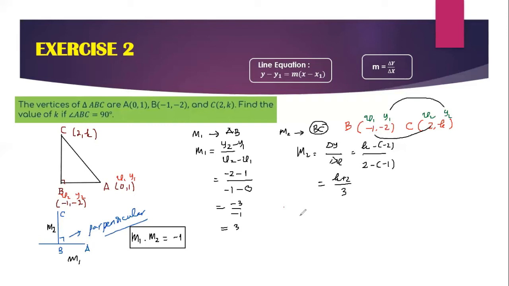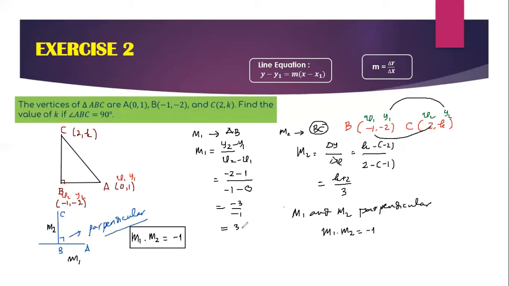So M1 and M2 are perpendicular, right? What's the meaning? M1 times M2 equals minus 1.